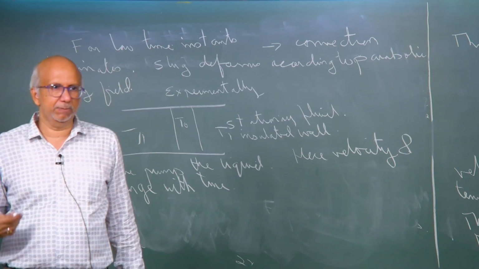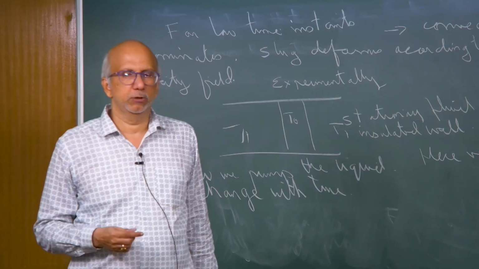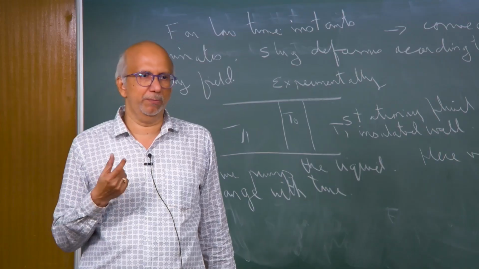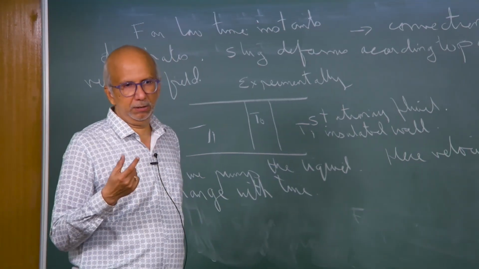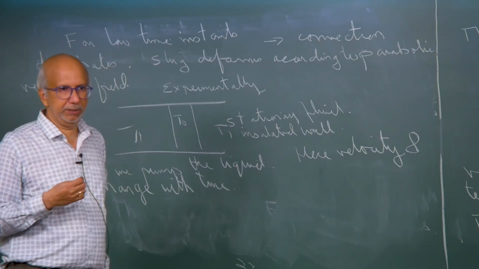So, it will take some time for the velocity field to become parabolic. Okay. So, what is the time taken for the velocity to become parabolic? How do I get a measure of the time taken? It is going to be governed by the kinematic viscosity.